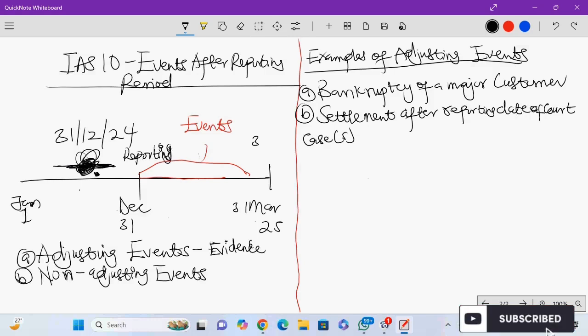You see that this is also an adjusting event, because a court case does not just take one day for you to go to court and then the judge will just rule that party A won or party B won. You see that a court case can cross over years.